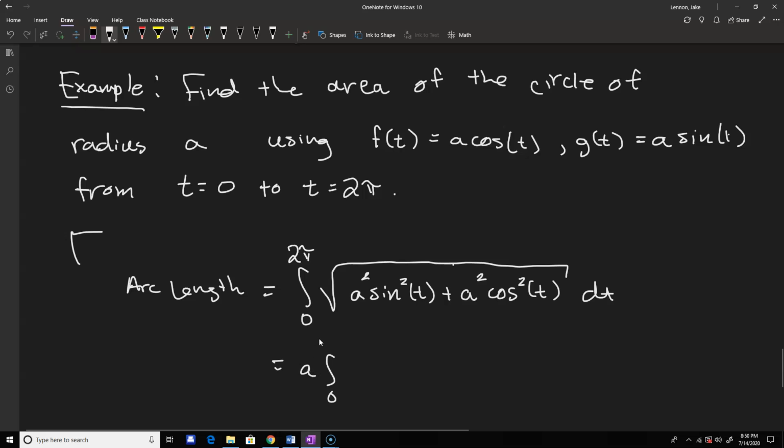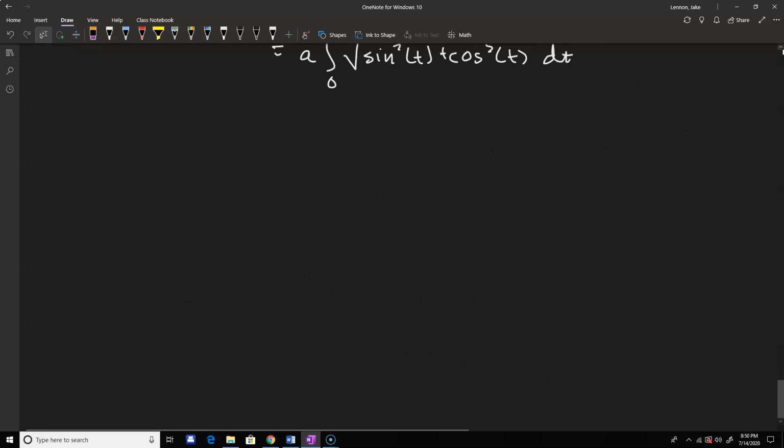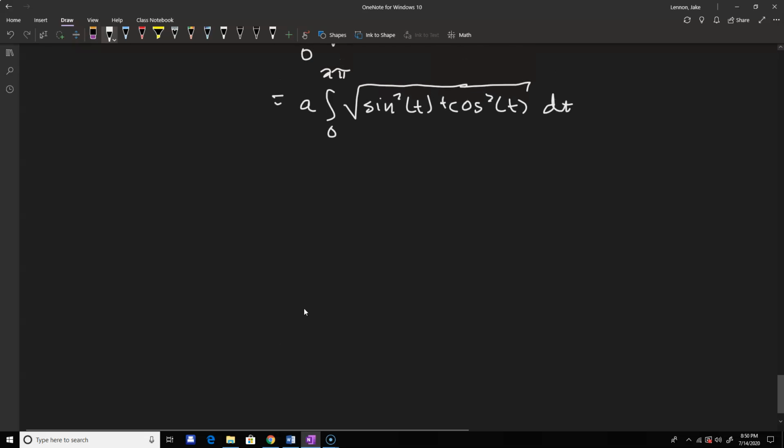So we get a from 0 to 2 pi, and then this is the square root of sine squared t plus cosine squared t, where we can bring in the Pythagorean identity, and we know that the sum of the squares of those two terms is equal to 1. So we just get a times the integral from 0 to 2 pi of 1 dt, and integrating gives 2 pi times a.